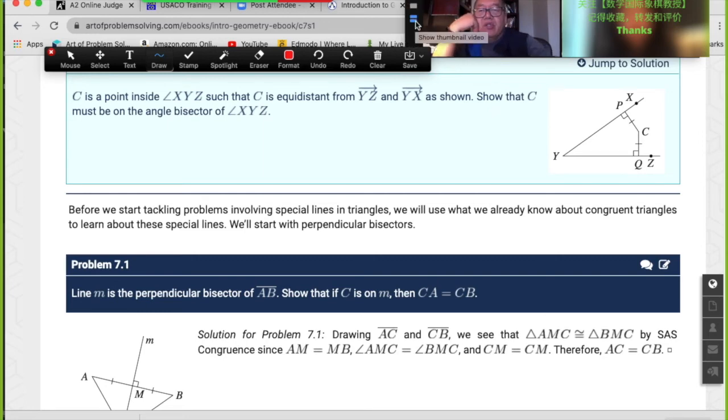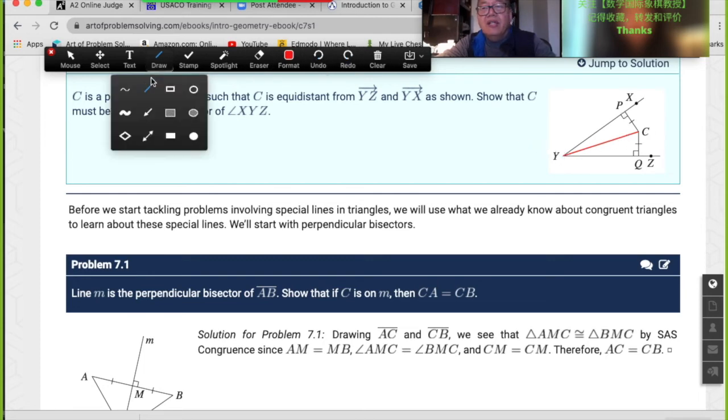So you still need to connect YC. Then you got these 2 triangles, YCP and YCQ.